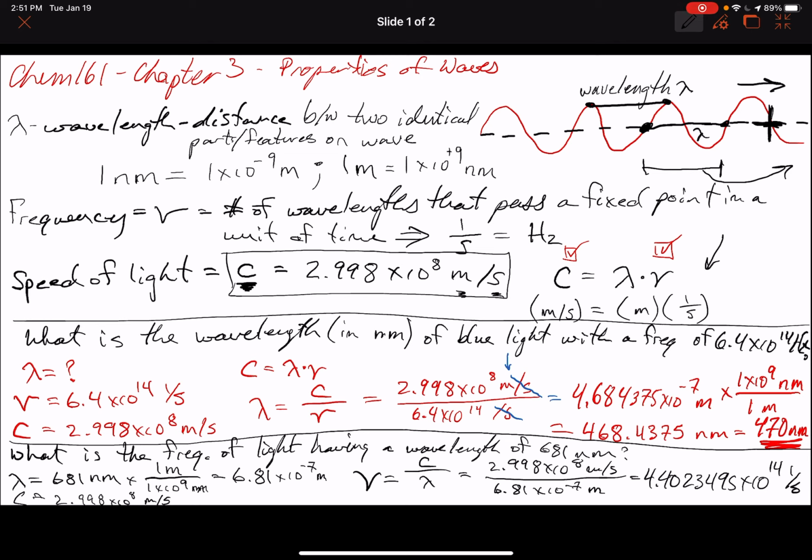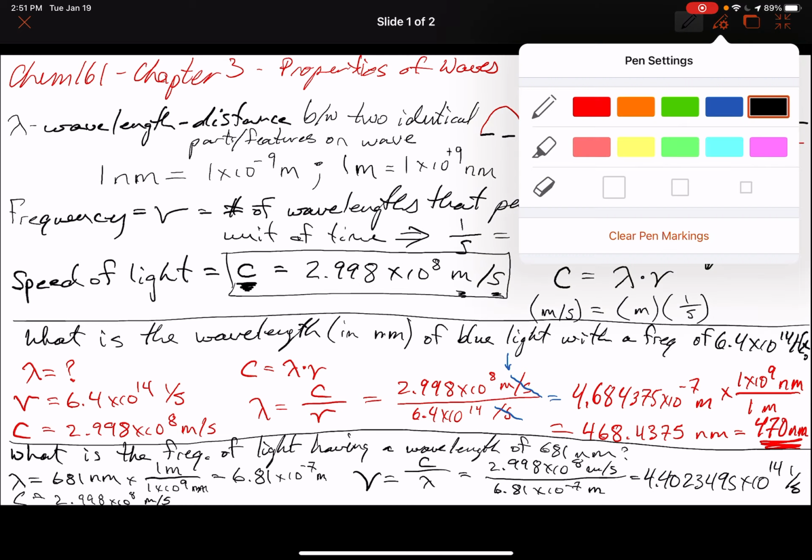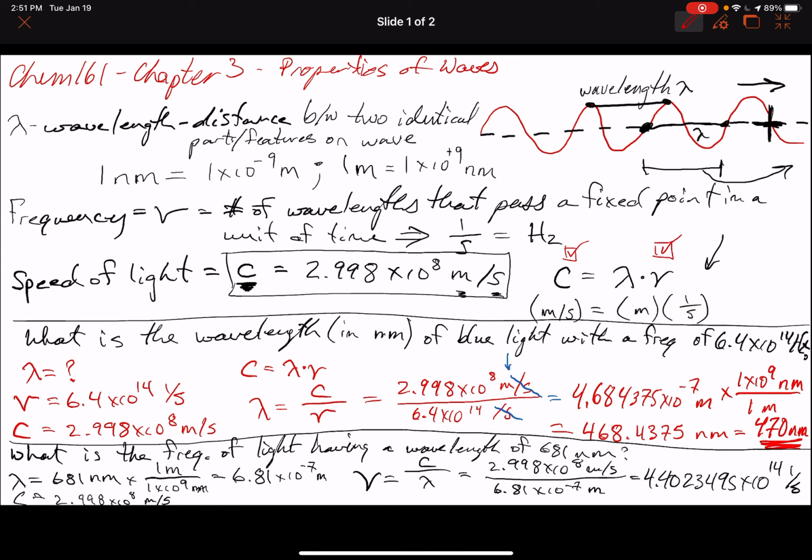And again, assuming 3 sig figs on the first one, we would report our answer to 3 sig figs, and so we would round at the 0 position. So the answer here would be 4.40 times 10 to the 14 hertz as an answer.